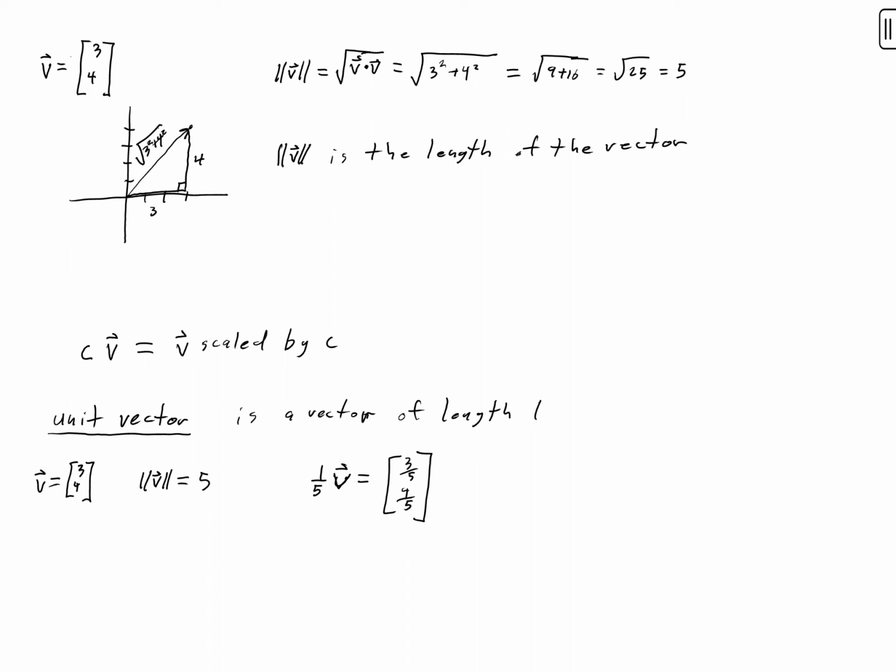So if I calculate the norm of 1/5 v, that's equal to the square root of 3/5 squared plus 4/5 squared, which is equal to the square root of 9/25 plus 16/25, which is equal to the square root of 25/25, which is the square root of 1, which is equal to 1.